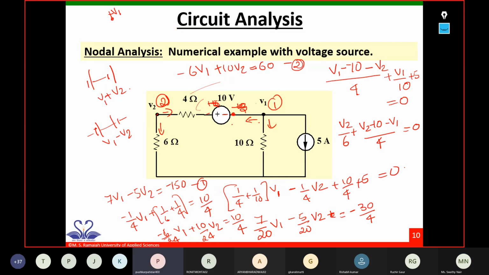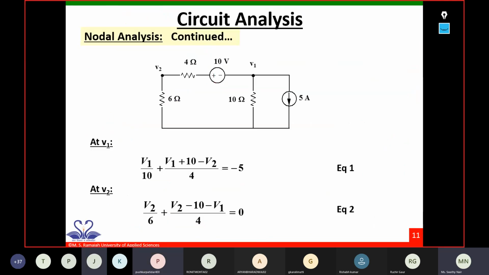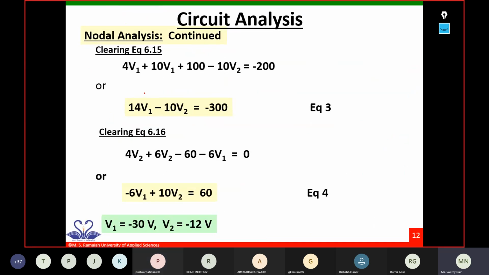Ma'am, V1 is equal to minus 30 volt and V2 is equal to minus 12 volt. Yes, correct answer. Minus 30 and minus 12 is the answer.